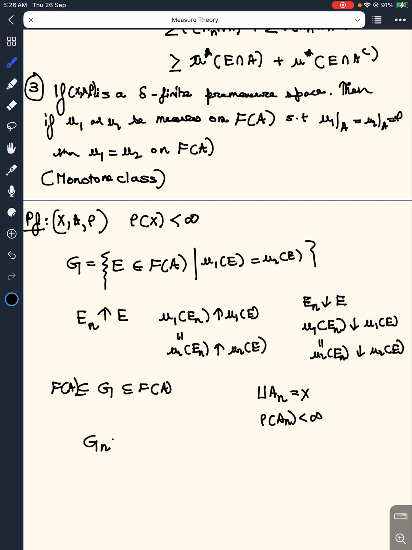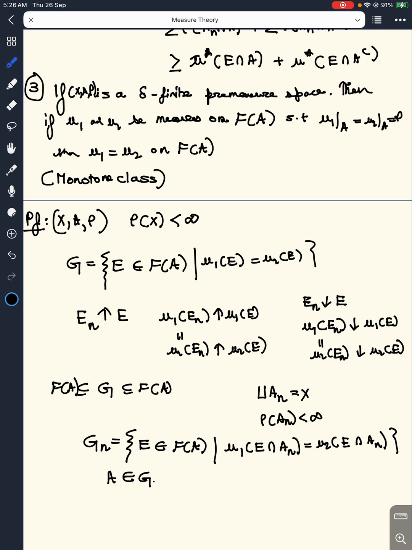Define G_n in exactly a similar manner: all such E belonging to F of A such that mu1 of E intersection A_n is equal to mu2 of E intersection A_n. Since A_n is in the algebra, A is contained inside G_n, and continuity from below doesn't matter.